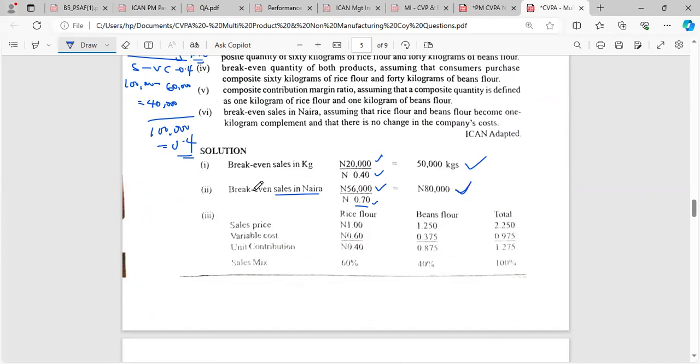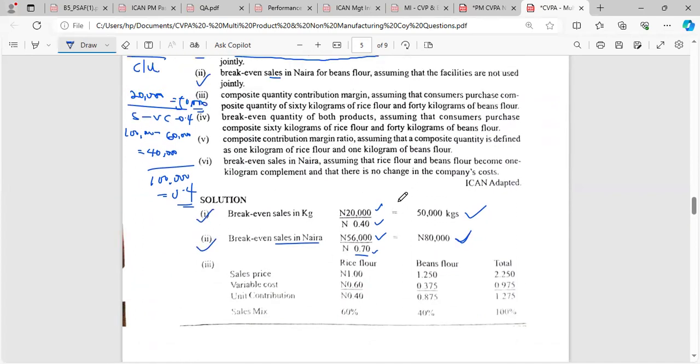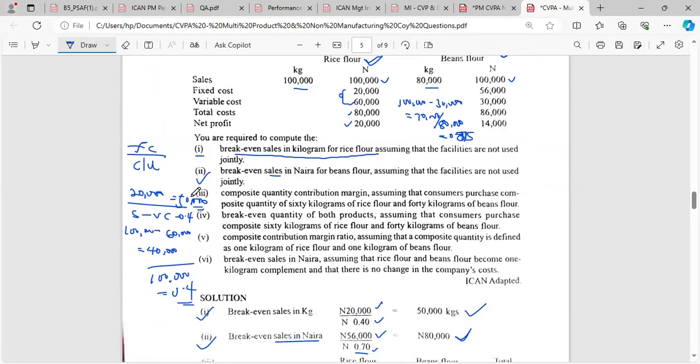Okay, let's proceed. Let's move to the main question. Now, the question told us about composite quantity. From that word, composite, they are two goods together now.